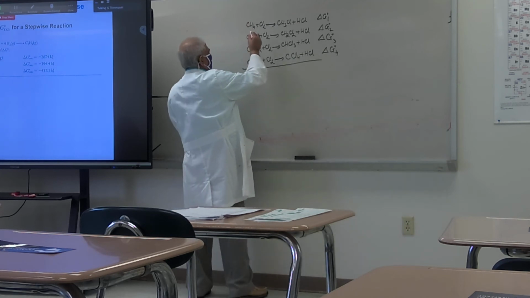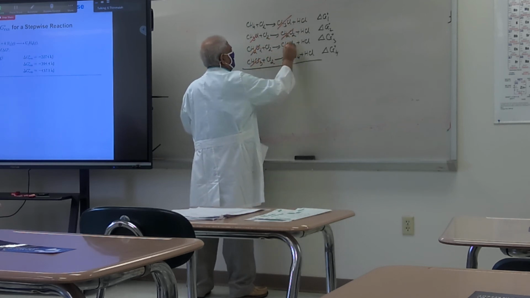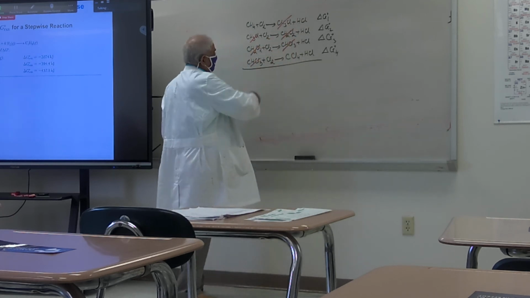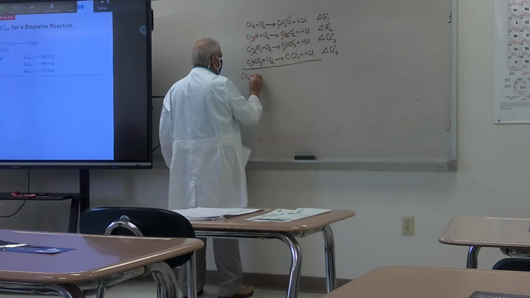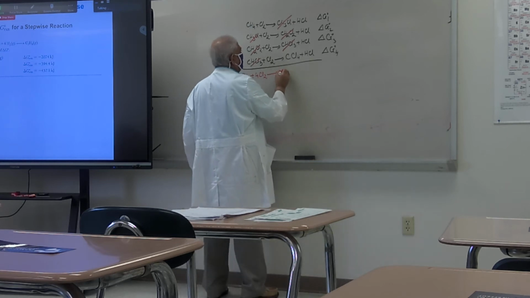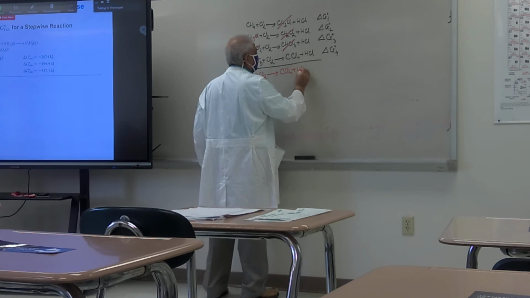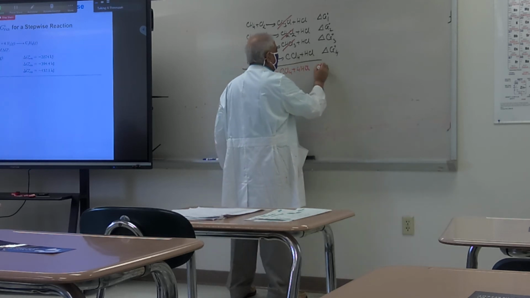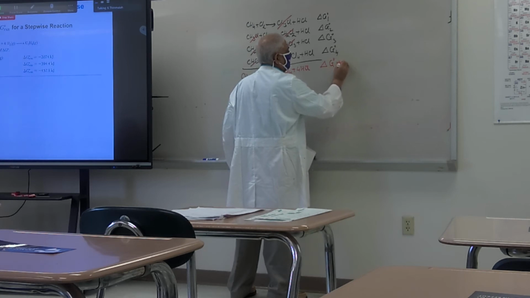If you add all of them, this cancels with that, this cancels, right? And what is the overall reaction? CH4. So this is the overall reaction, correct? So they want you to calculate delta G0 for it.